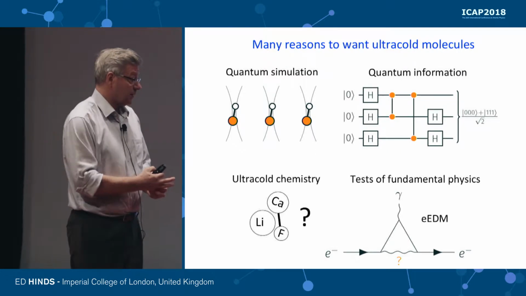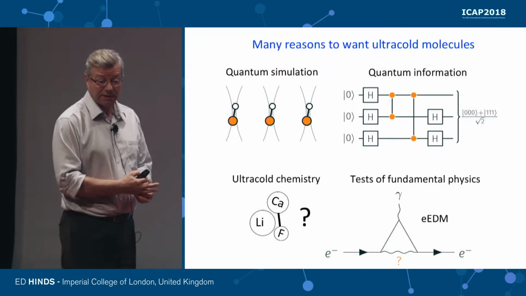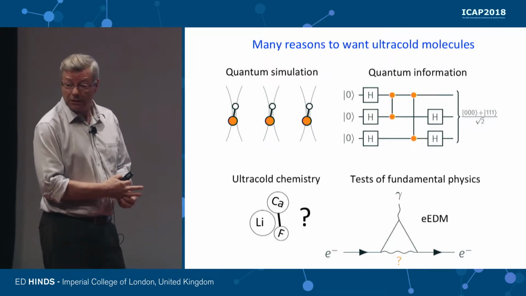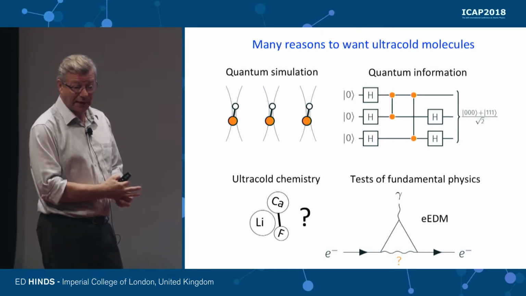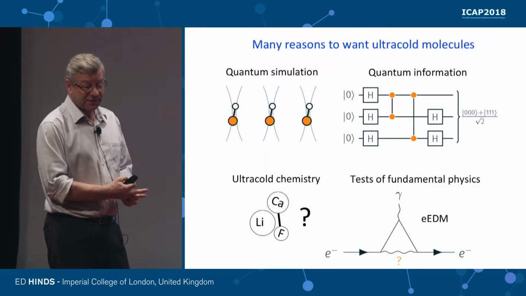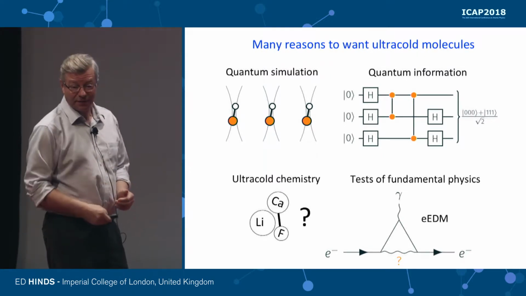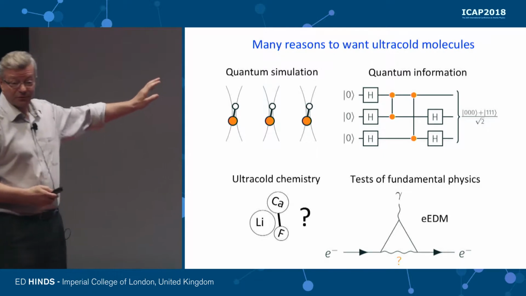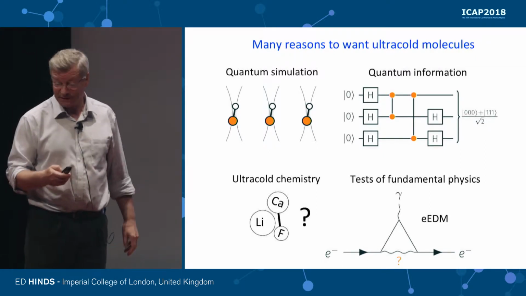Such an interaction is believed to exist, but nobody has ever seen it. And those of us who measure the permanent electric dipole moment of the electron have been pushing the limit down and down and down, and theorists keep on saying, well, okay, just go a little bit further. So with ultracold molecules, you can go actually a lot further. So I think that's very exciting.